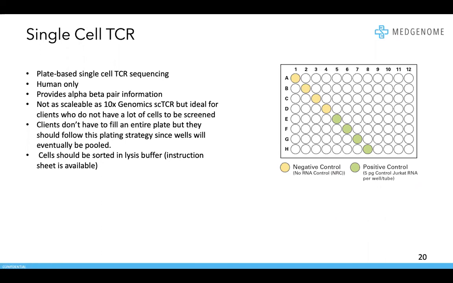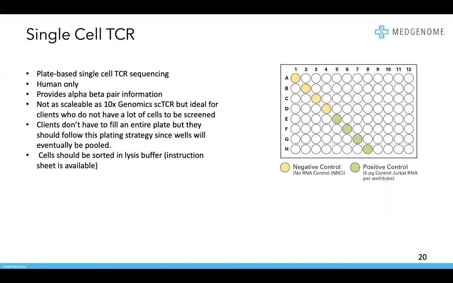There are a few restrictions on this. It is human only, but it does provide alpha beta pairing. It is not as scalable as the 10x Genomics single cell TCR, but it's perfect for clients who don't have a lot of cells and maybe just need that alpha beta pairing from a small population of cells.